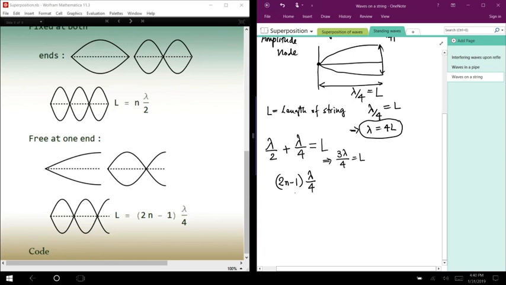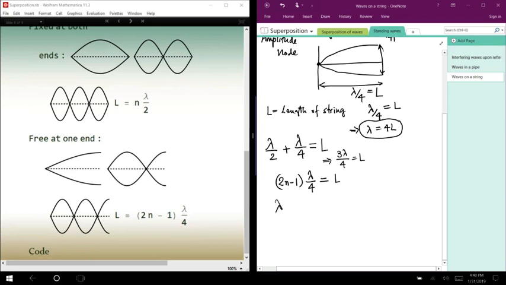So some odd multiple of lambda over 4 is equal to L, right? So the first case is just lambda over 4 equals L, so that this factor is 1. The next one is 3 lambda over 4, so this is 3, and so on and so forth.